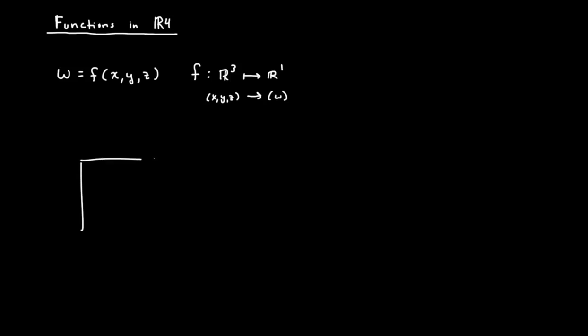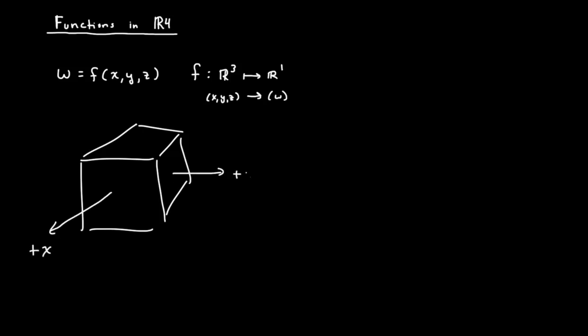So what we could do here, I'm going to draw a box in 3D. I'll draw it real brief here. So this is positive x, positive y, positive z. And what happens is we input values inside this box. These are all 3D points.